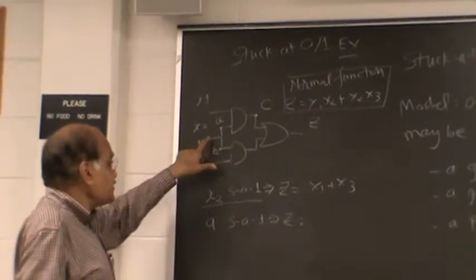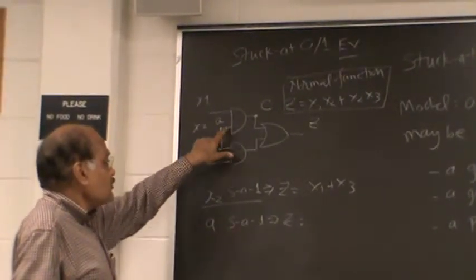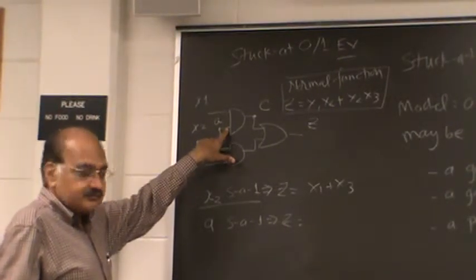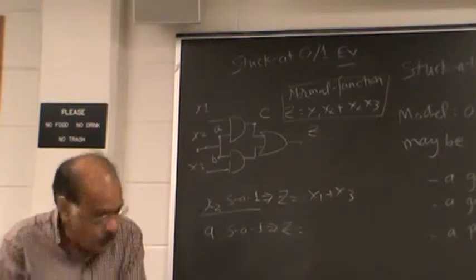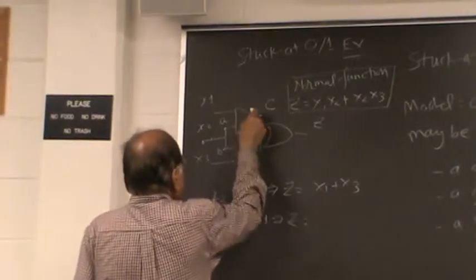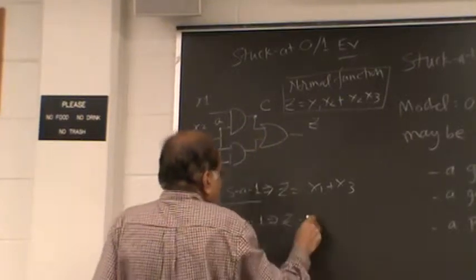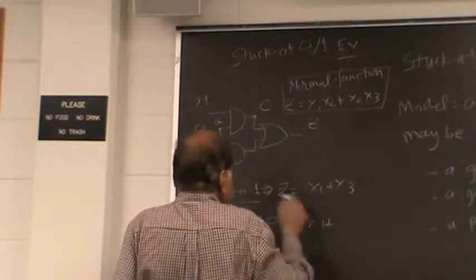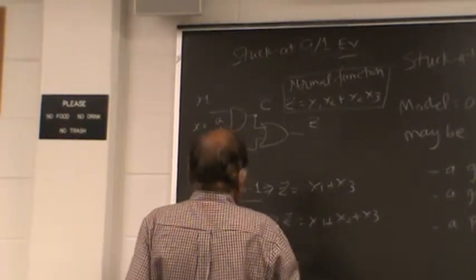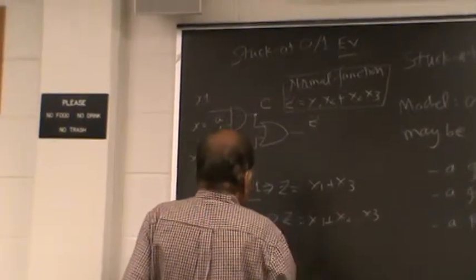In that case, this is not affected, this is not affected, but this looks like it is stuck at 1. So what would happen if A is stuck at 1? Obviously this is x1, and this is still x2 ANDed with x3.